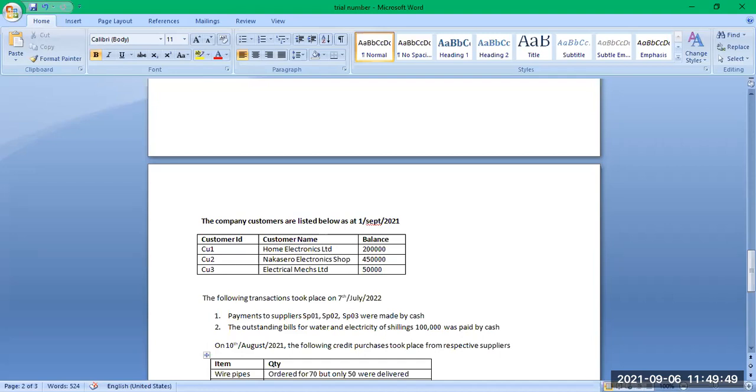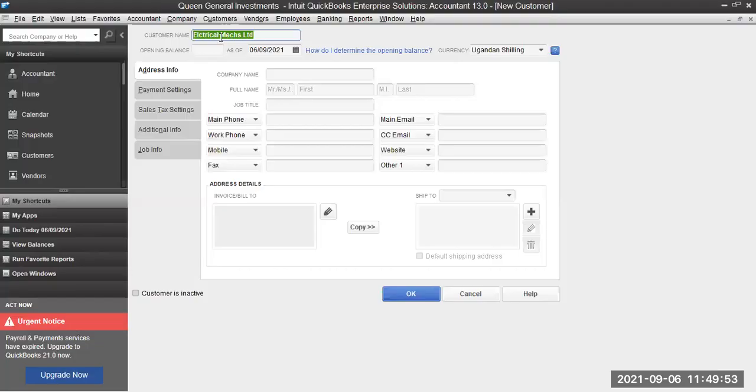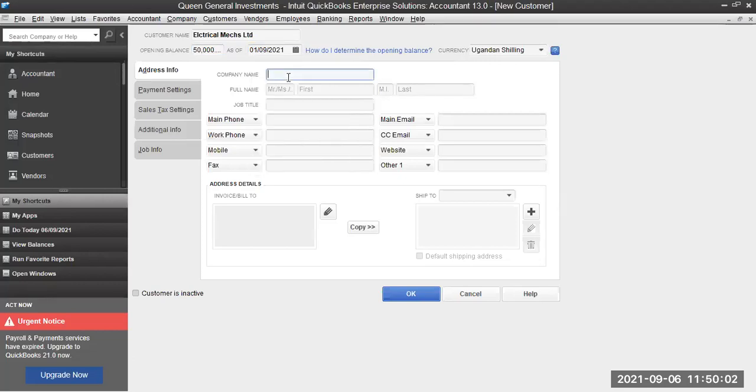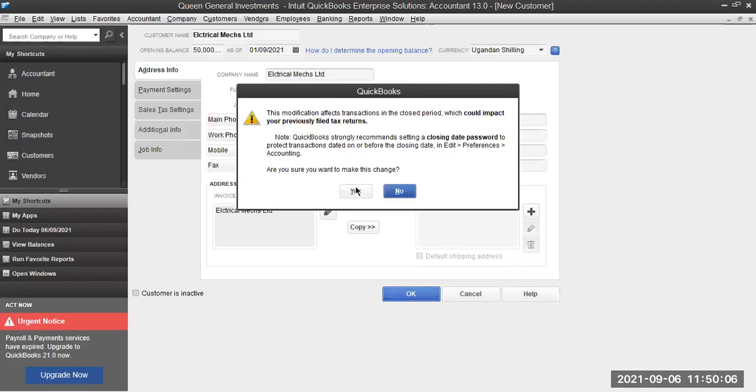Let it not just be a framework. Opening balance is 50,000 as of 1st September, and the company name is the same. Then you can say okay.